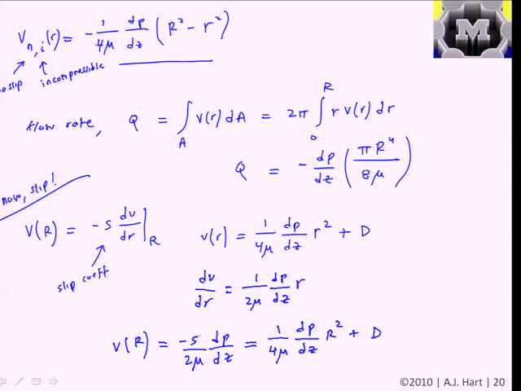And there should be an r here and an r there. Sorry, was that clear? So this is just this, and this is this, substituting there.